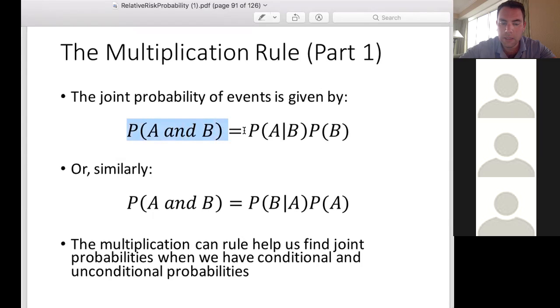Probability of A and B is equal to the probability of A given B multiplied by the probability of B. Or similarly, the probability of A and B, the joint probability, is equal to the probability of B given A multiplied by the probability of A. Is that clear that we're going to be using this formula when we're dealing with dependent events?